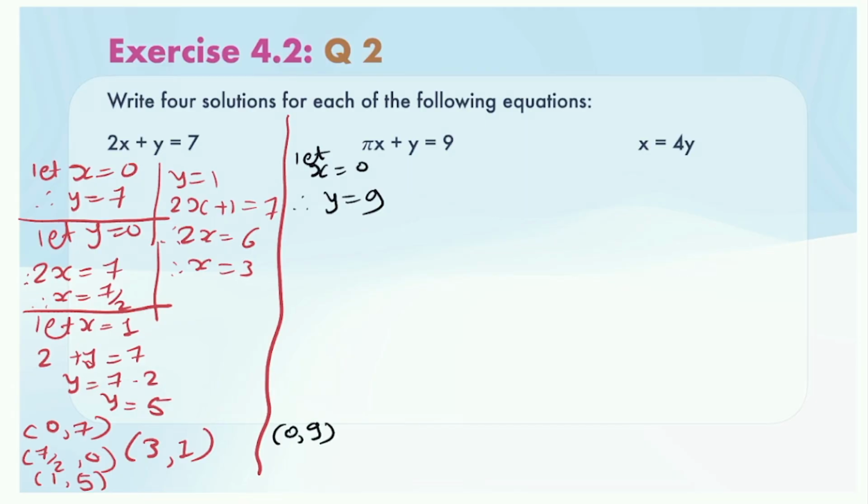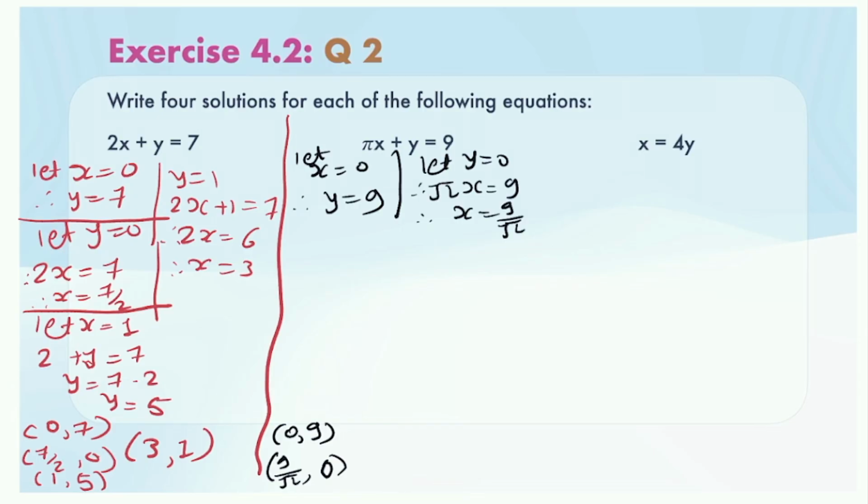Now let me write here, let y equal to 0. So it will look like pi x equal to 9 because y is 0, right? So x equal to 9 divided by pi. Just as simple as that. So if I put the value of y equal to 0, I get x equal to 9 divided by pi. I get two solutions.